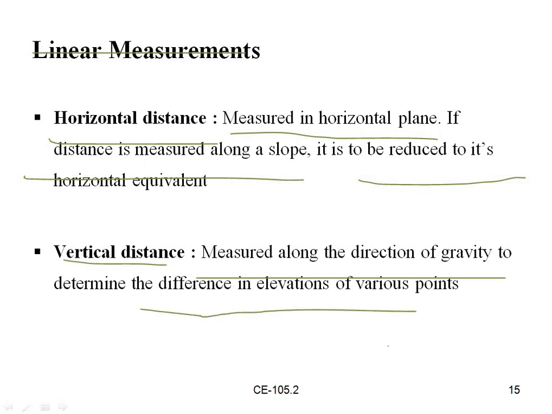This is called the ground level, and this is called the D. So this will be the distance measured along the slope also.